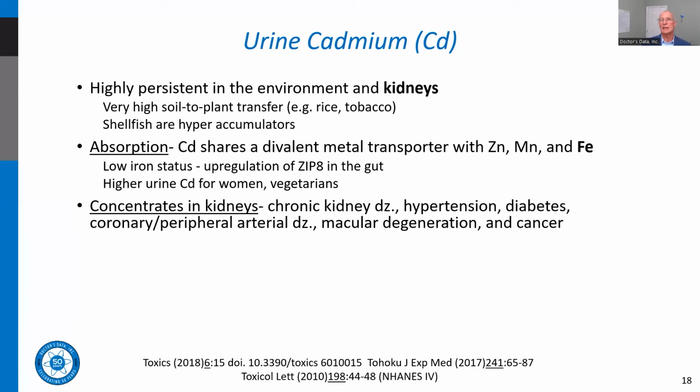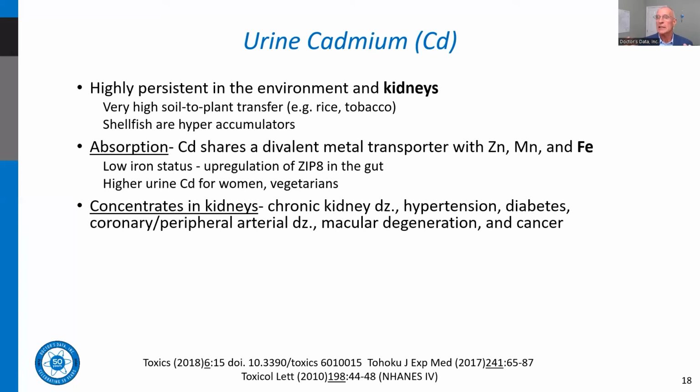Now, very important to understand about cadmium is about its absorption. Cadmium shares a divalent metal transporter with zinc, manganese, and iron, okay? And so in the body, when there's low iron status, there's an upregulation of the metal transporter, the ZIP8 in the gut.